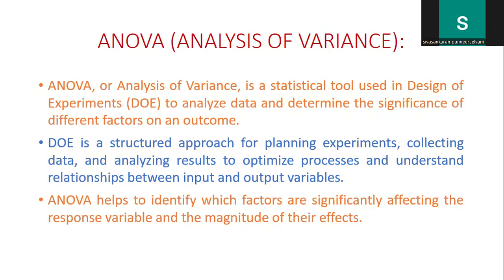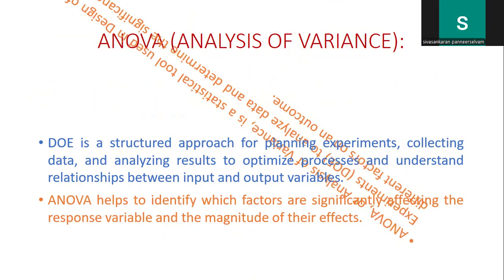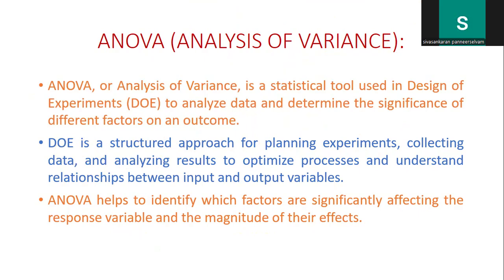Now, what is meant by ANOVA, analysis of variance? See, ANOVA is a statistical tool used in design of experiments, which is used to analyze the basic facts or information, and it will try to determine the significance of various factors on an outcome.